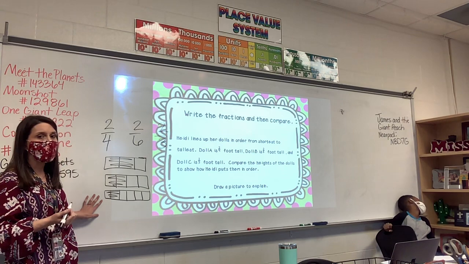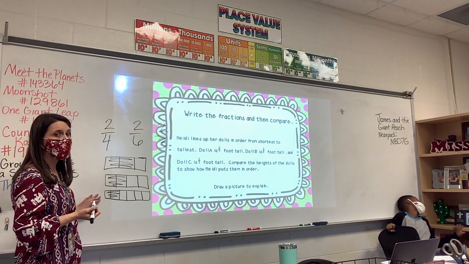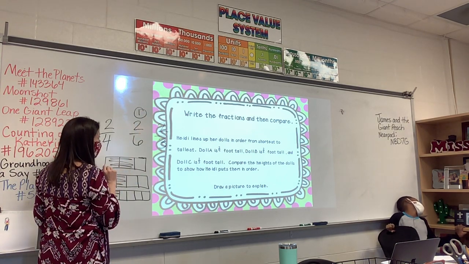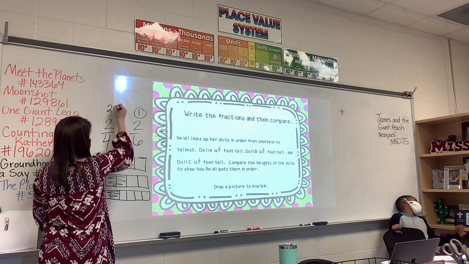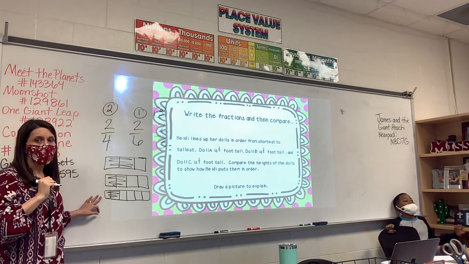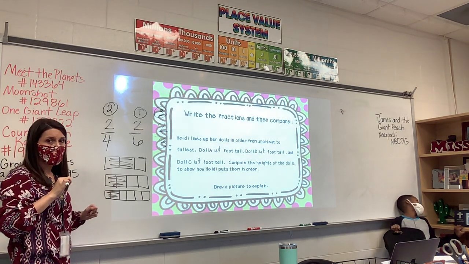So who is the shortest? Y'all are not looking. Who has the shortest? 2/6. And then 2/4 and then 2/3. From the shortest to the tallest.